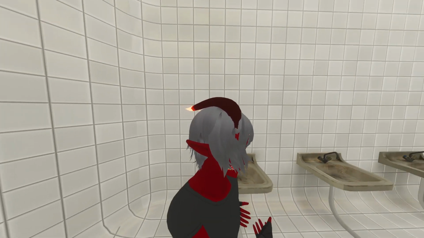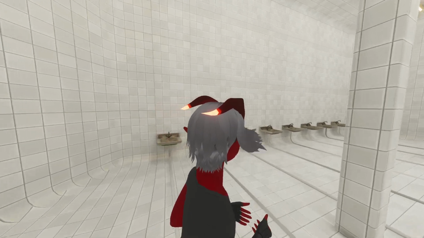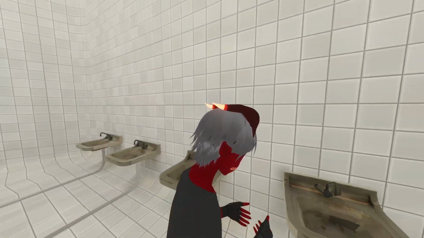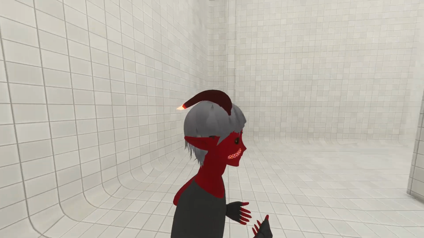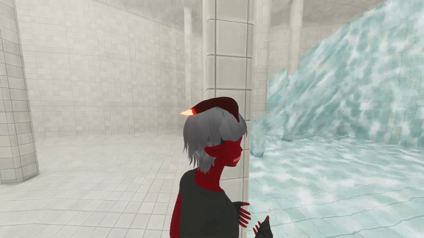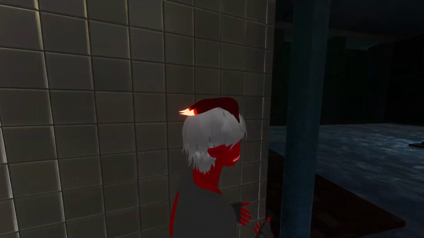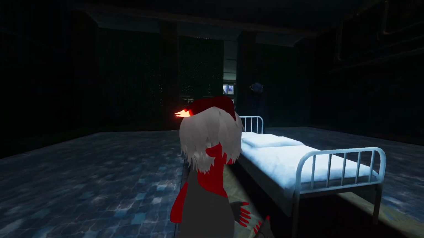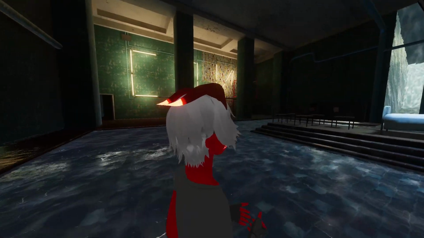But these may be some sort of code. Anything? Any buttons? No, there's no reflection of myself in that. Trying to see if I can press anything.